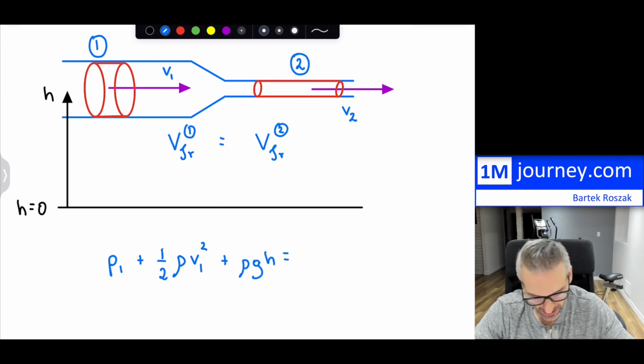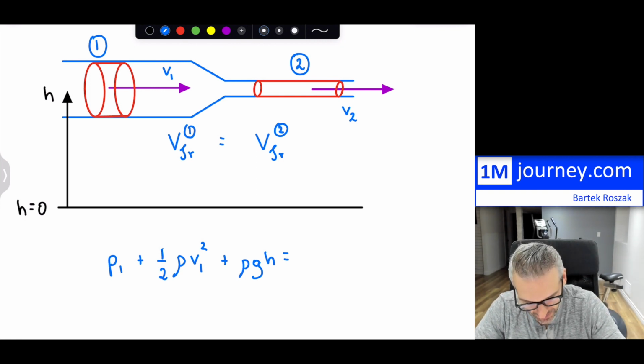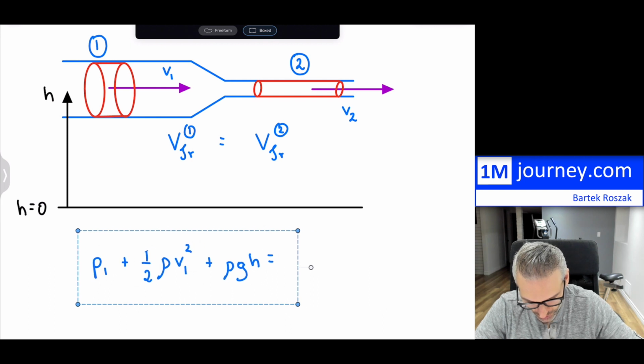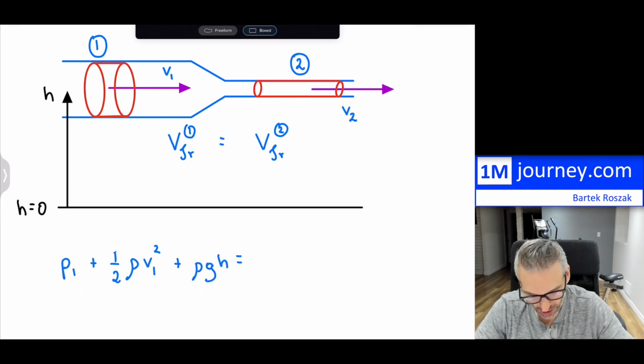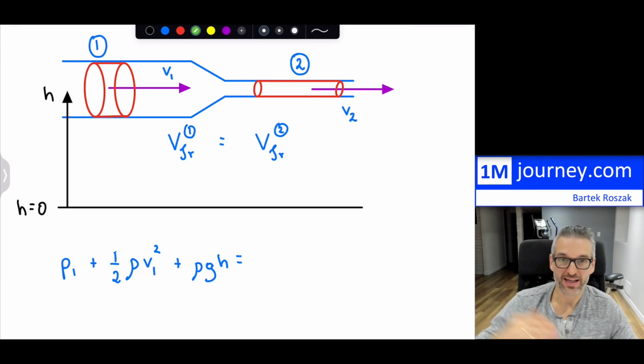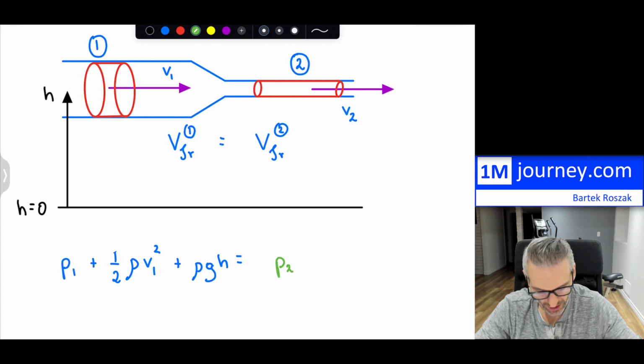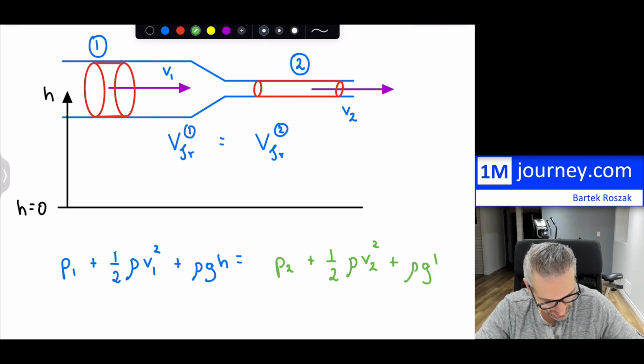This is supposed to be equal to a constant, which means the first tube is equivalent to exactly the same thing in my second tube. That narrower tube has pressure P2, plus 1/2 times the density times the speed squared, where the speed is faster because it's narrower, plus the density times gravity times the height.